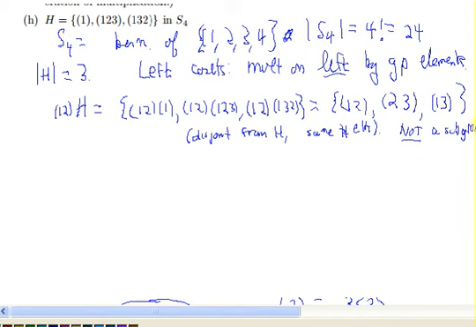Cosets in general are not subgroups. I'll say that again: in general, cosets are not subgroups. There's only one coset in a set of cosets that's the subgroup, and that's the original subgroup that is used to generate the cosets. So this coset is not a subgroup. It does not contain the identity, and it can't contain the identity because cosets are supposed to be disjoint.